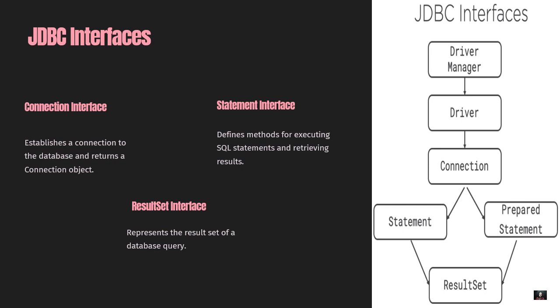JDBC interfaces: connection interface, statement interface, and result set interface. First, let us see the connection interface. Establishes a connection to the database and returns a connection object. And statement interface defines methods for executing SQL statements and retrieving results. And result set interface represents the result of a database query.